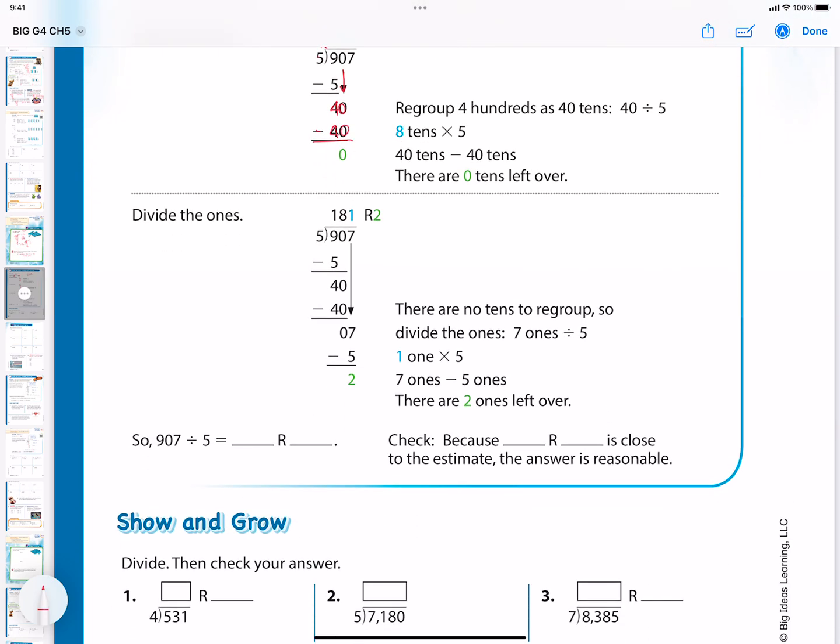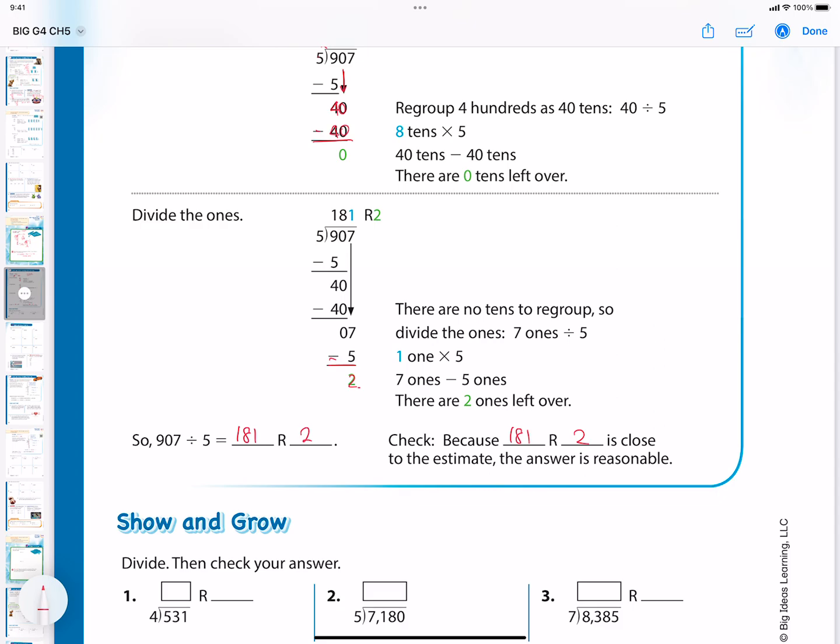Bring the 7 down so it becomes 7. Okay, 5 times 1 is 5. When you subtract, you have 2 left. That's the remainder. So remember, 907 divided by 5 is 181, remainder 2. Because 181 remainder 2 is close to the estimate, the answer is reasonable.